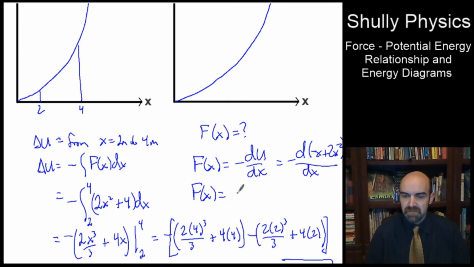Derivative of negative x is negative 1. Derivative of 2x squared is 4x. So we're going to have a force of negative 4x, plus 1. That's our force function, negative 4x plus 1.